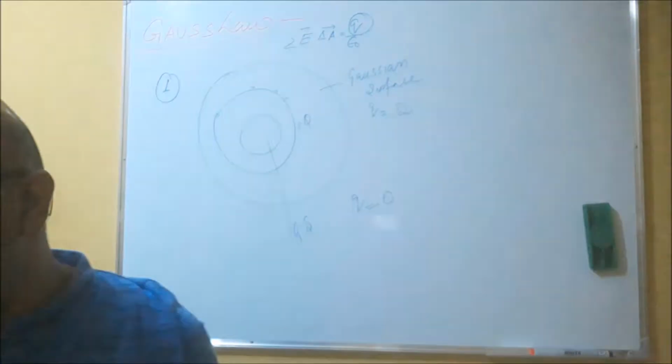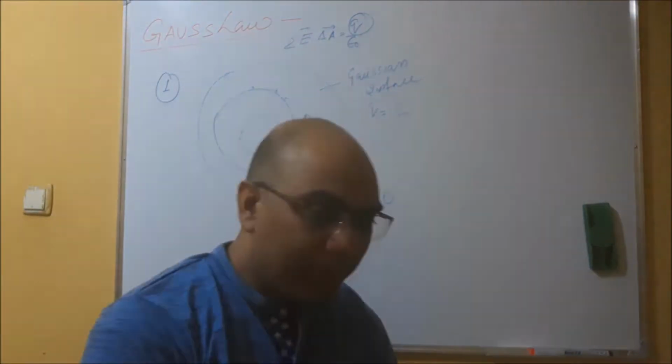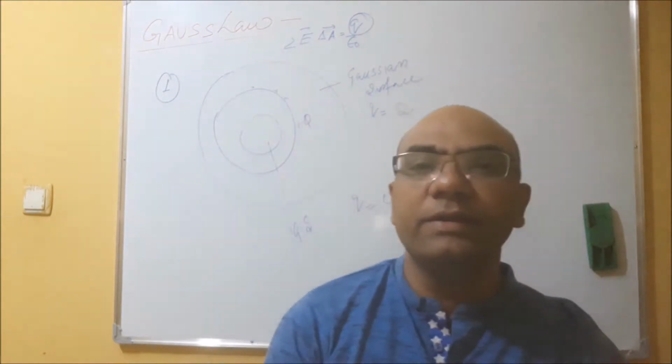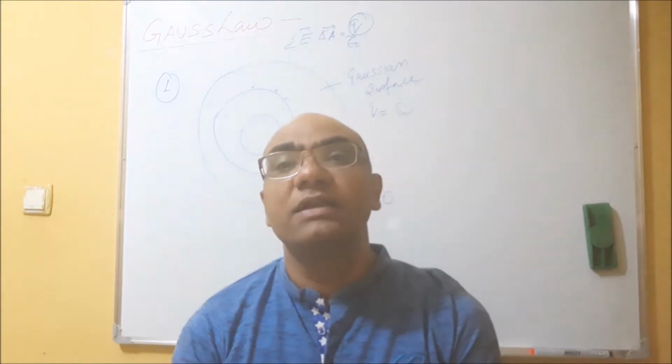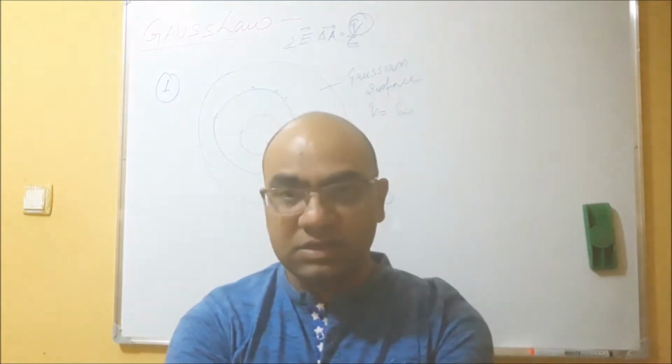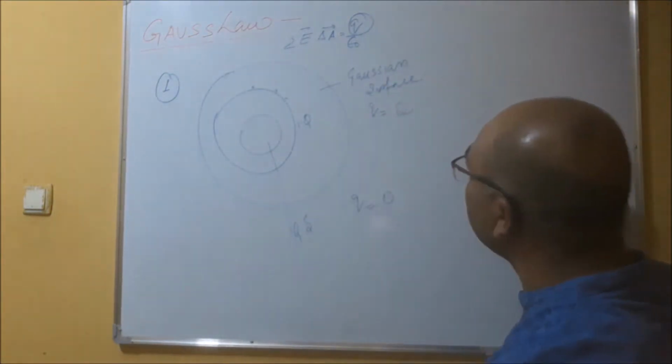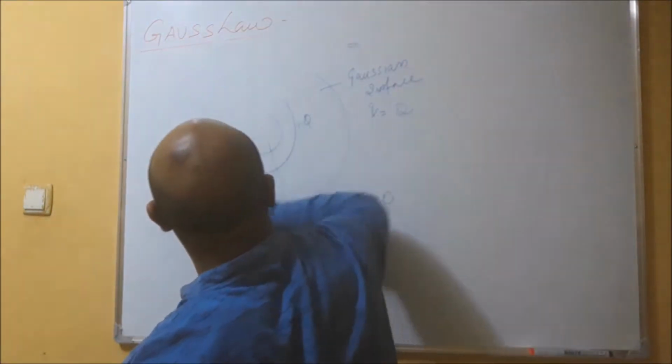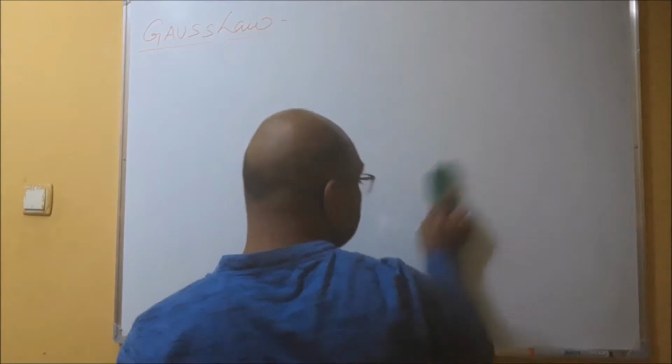So let's see how we can apply it. How can we apply it to find the electric field value for different cases? Okay, so first we have a case. What is the case?